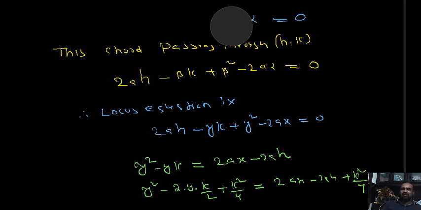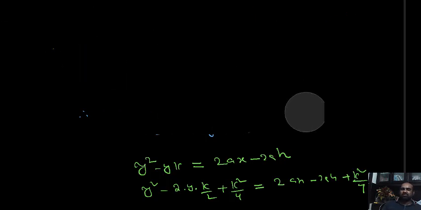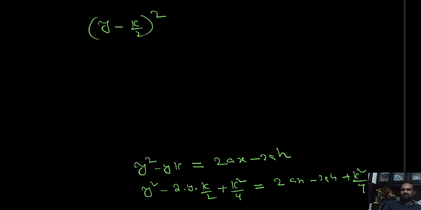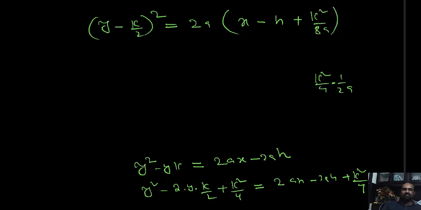So y minus k by 2 whole squared is equal to, taking 2a common, 2a into (x minus h plus k squared by 4 into 1 by 2a), that is k squared by 8a.